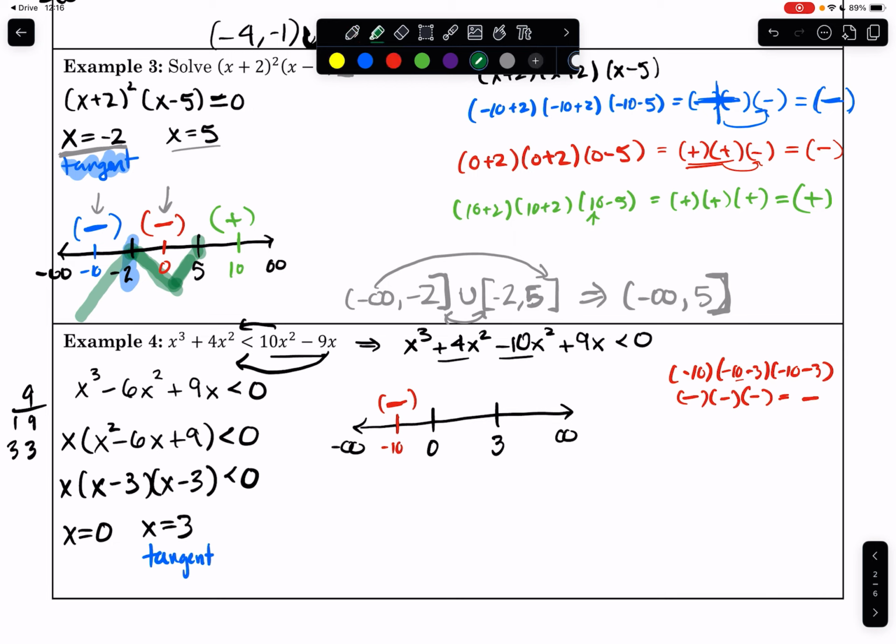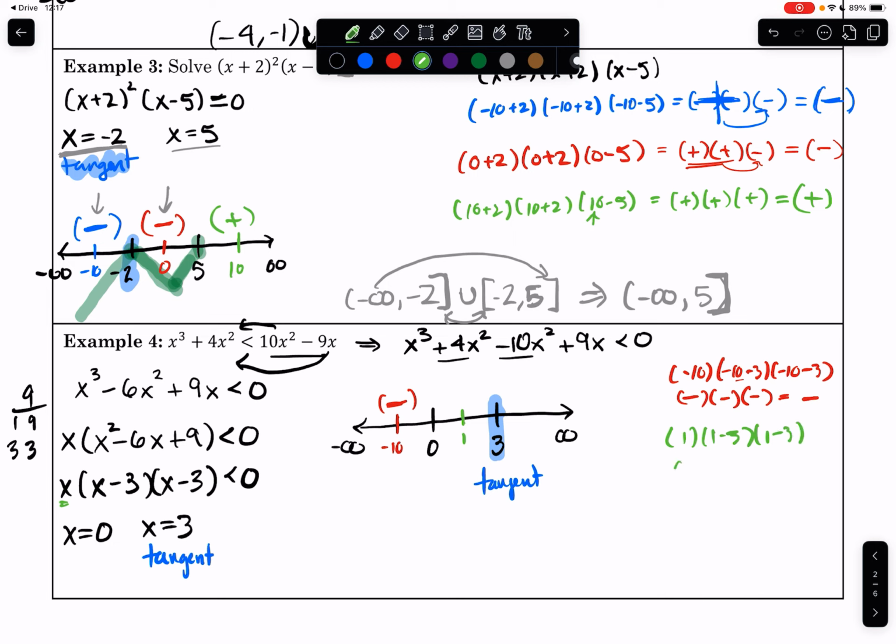Let me highlight this, okay? Remember, right here, we are tangent. The graph's going to be tangent at 3. So let's pick a number now in between 0 and 3, like the number 1. So positive 1, that's this one right here, and then it's 1 minus 3 and 1 minus 3.